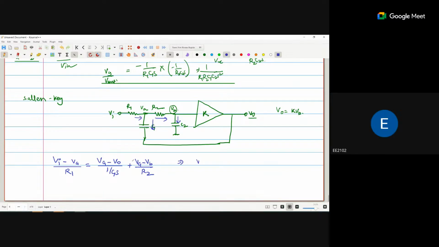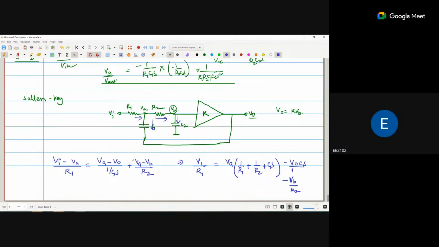So VI upon R1 is equal to VA times (1 by R1 plus 1 by R2 plus C1S) minus V naught divided by 1 by C1S, minus VB divided by R2.